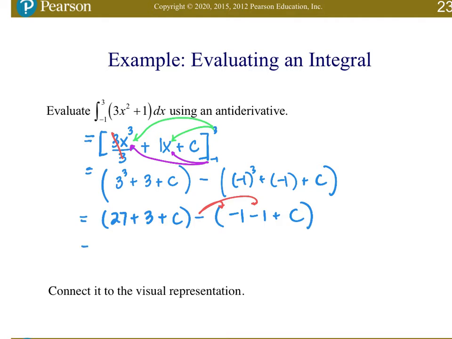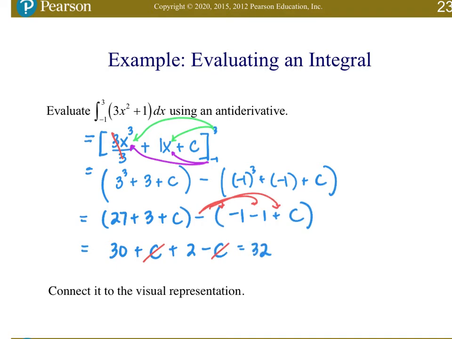So the whole problem becomes 30 plus c, and then distribute the negative, so we get plus 2. It's plus 1 plus 1. And then also distribute to the plus c, so that would be minus c. So I have a plus c and a minus c, so I get 32.